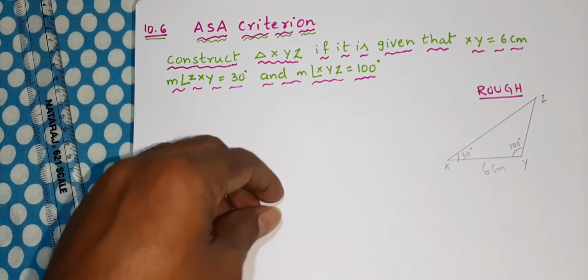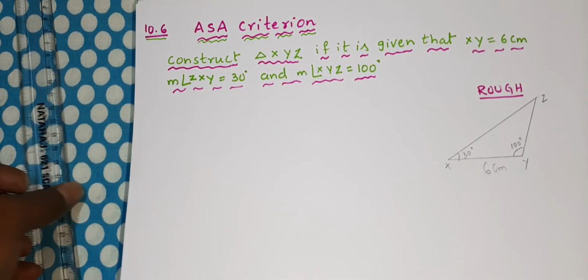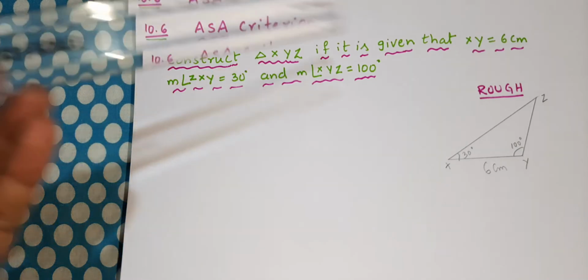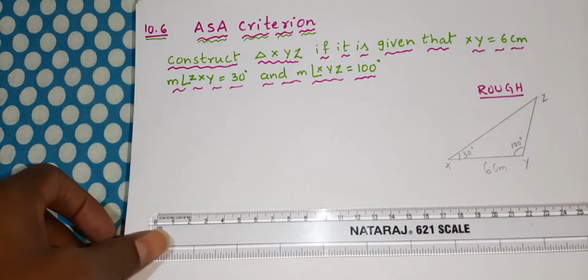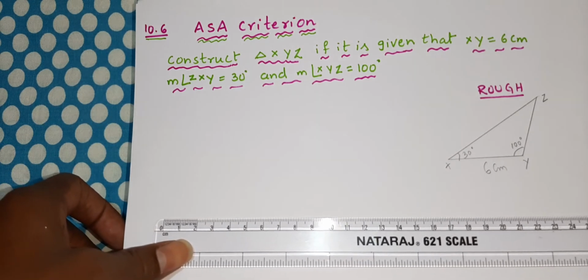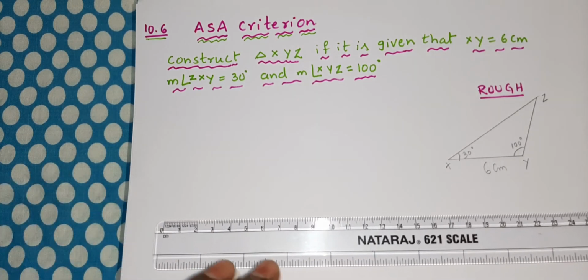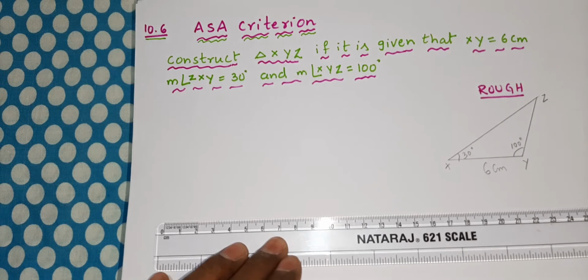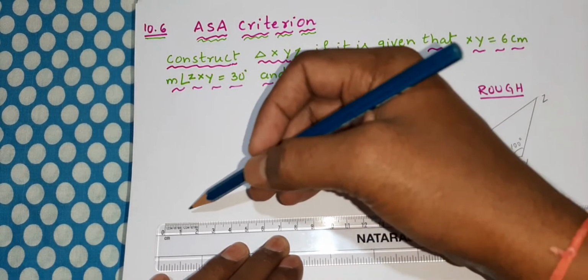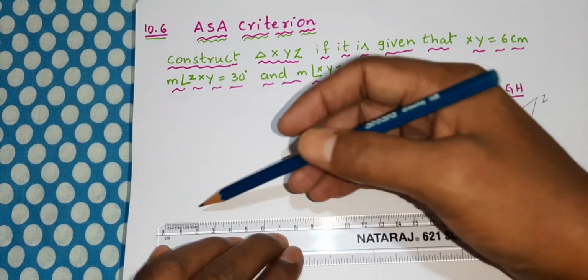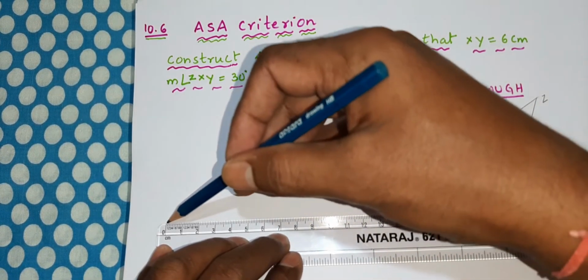Right, children? Now come to the actual figure. Draw a line segment XY with 6 centimeter. You just start from 0.